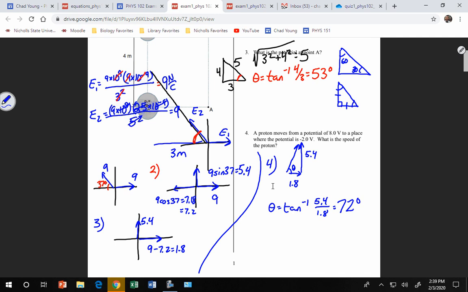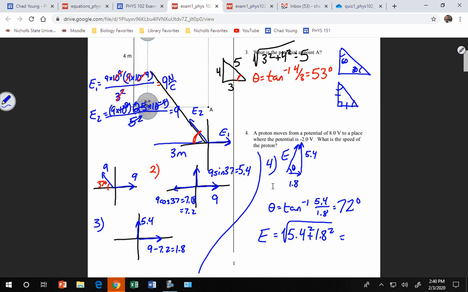And then also, I want to know what is this side of the triangle. So the electric field is the square root of 5.4 squared plus 1.8 squared. Make sure you're practicing that on your calculator, that you know how to do that.